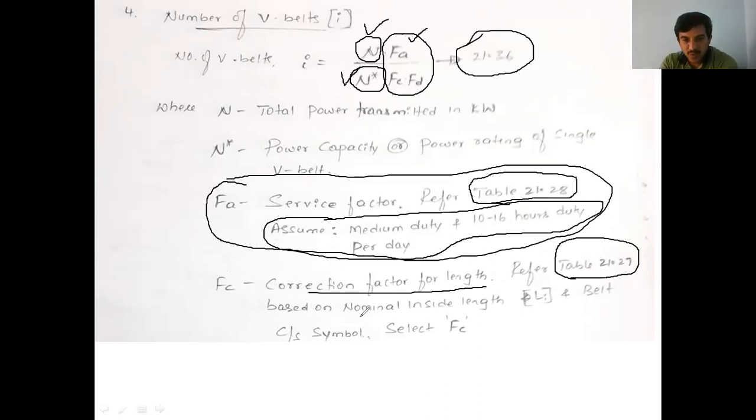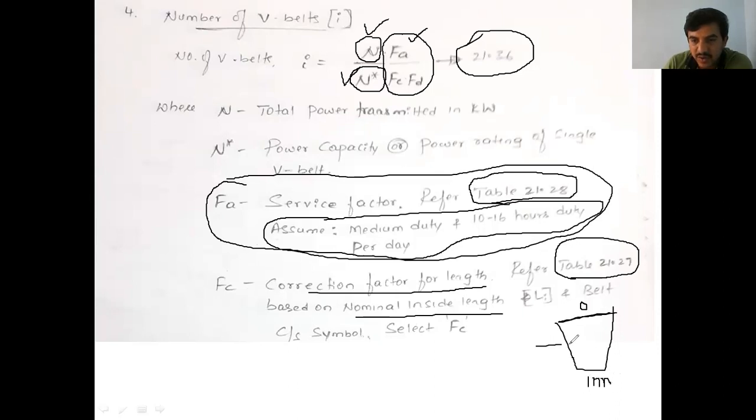By referring to table number 21.27. In table 21.27, the correction factor for length depends upon the nominal inside length of the belt. Nominal inside length of the belt means, suppose you have a trapezoidal V belt cross section. This is the outer surface of the belt, this is the inner surface of the belt, and this is what you call the pitch circle of the belt.